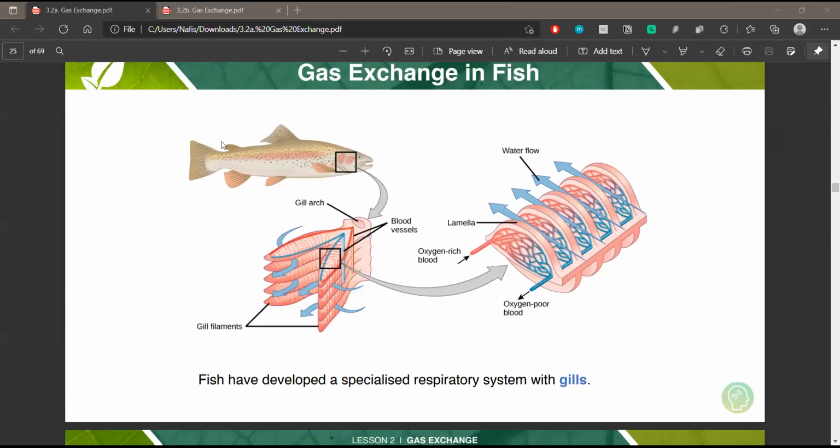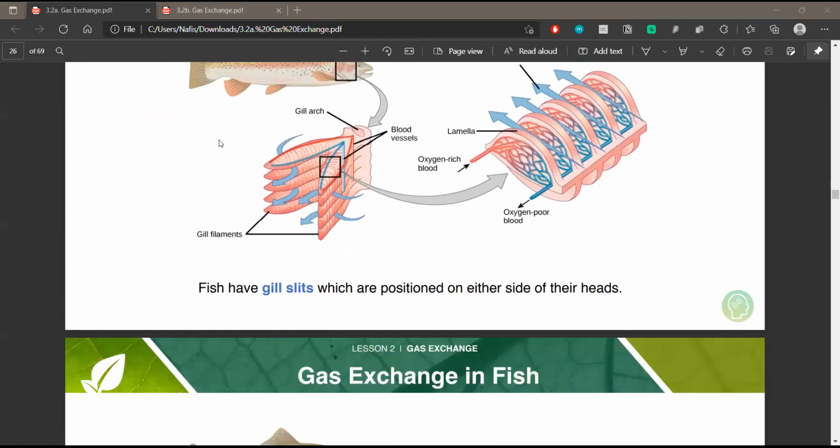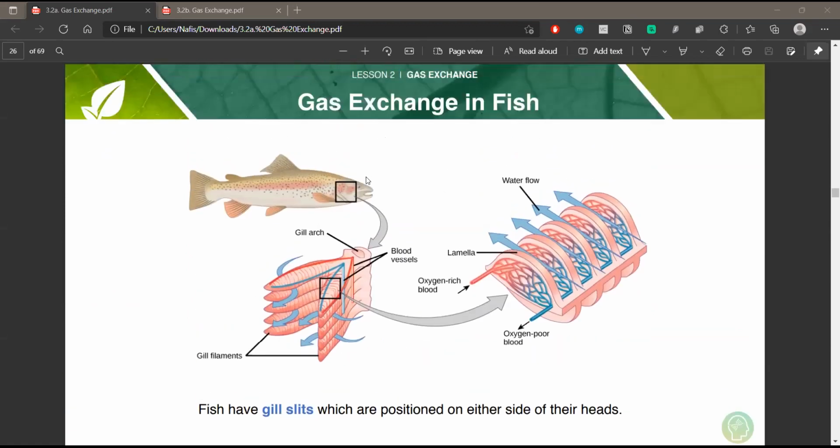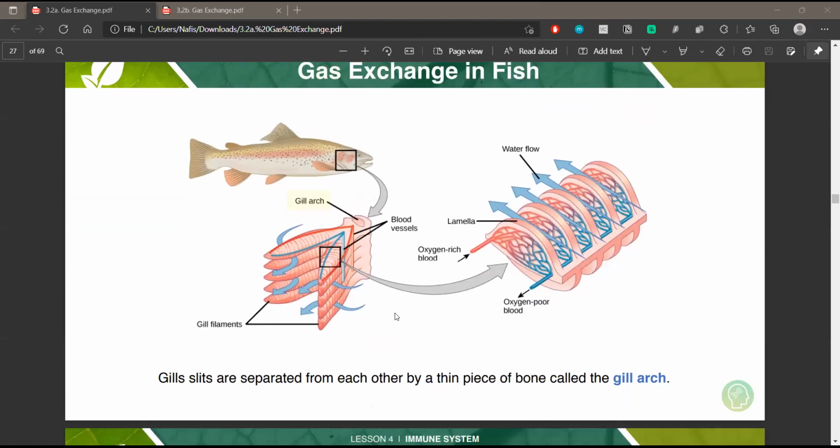So they have these gill slits, which are positioned on the side of their heads. As you can see, they'll be zoomed in here. I don't know how many of you have seen a fish head, but yeah. And gill slits are separated from each other by a really thin piece of bone called the gill arch.